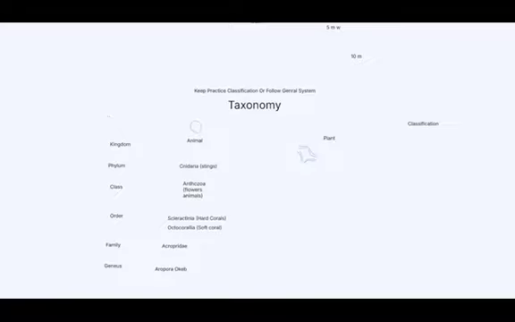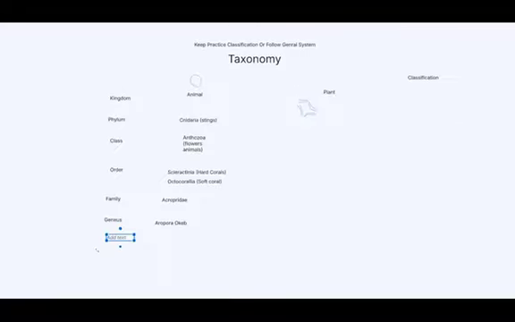So for any species, now we can be more specific. For example, my name is Abdurrahman Nassar. So I belong to human, which is in the kingdom of animals, and then phylum Chordata, and so on, until I have my name here.